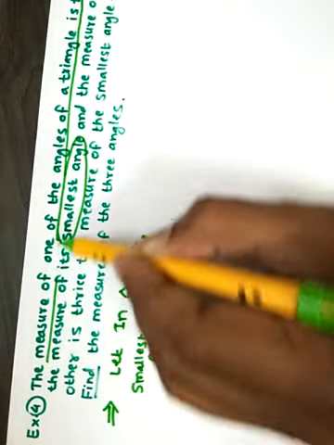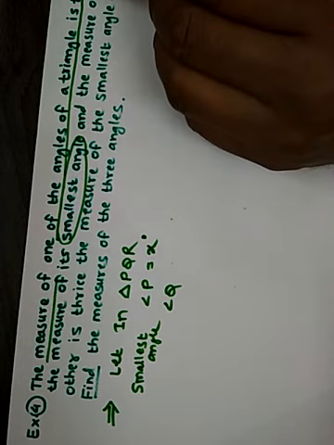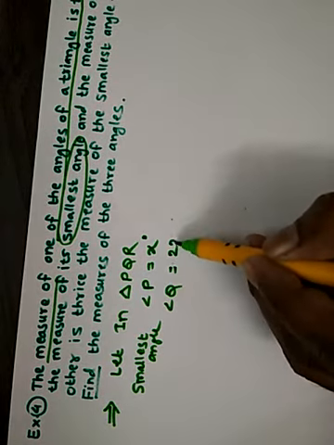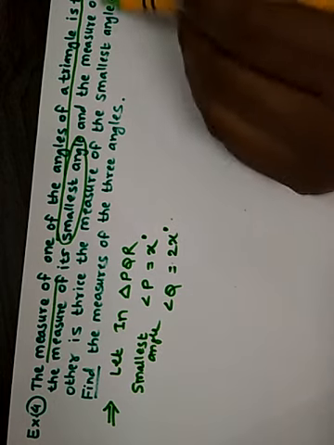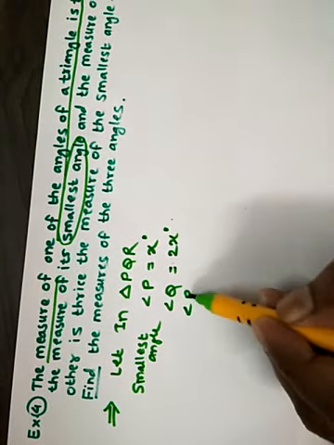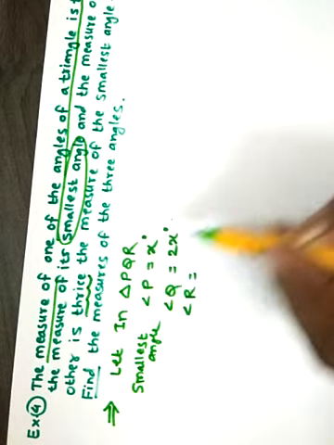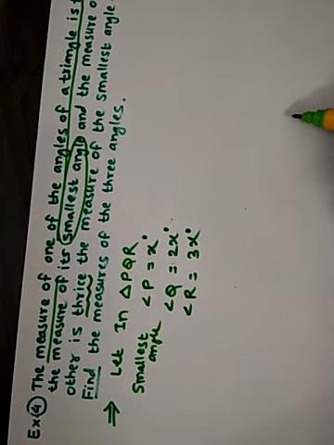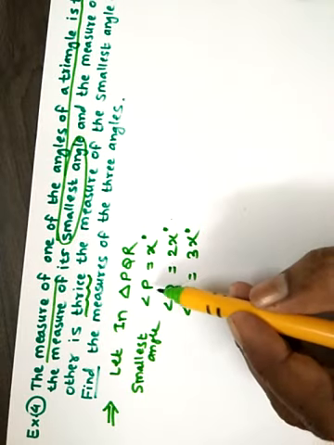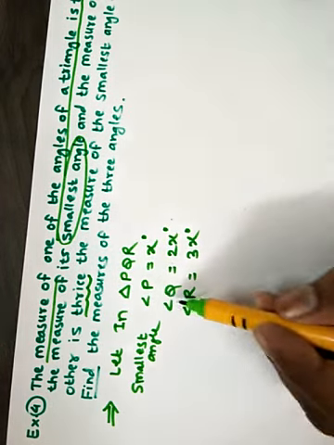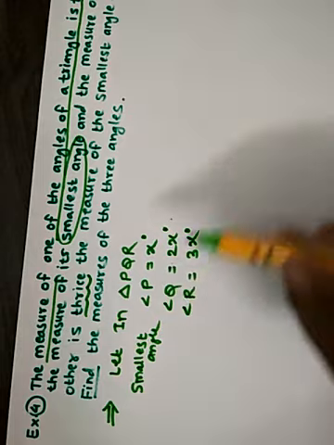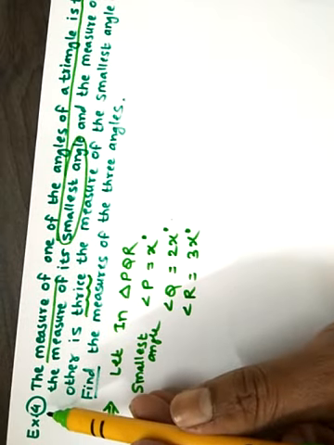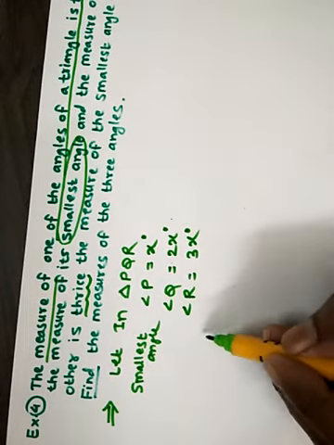The measure of one of the angles is twice the measure of the smallest angle, so angle Q is 2x degree, and the measure of the other, angle R, the third angle, is thrice, which means 3x degree. Our aim is to find the value of angles P, Q and R in the same manner as the solution of example number 3.